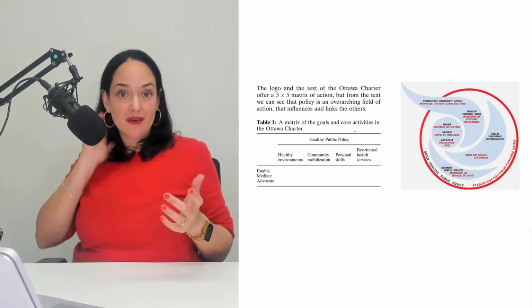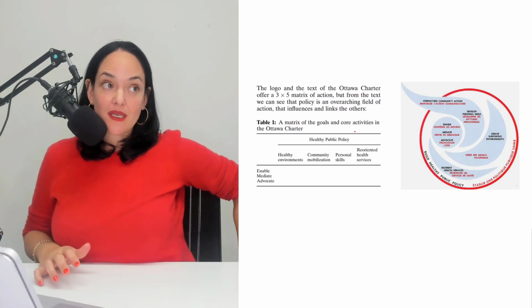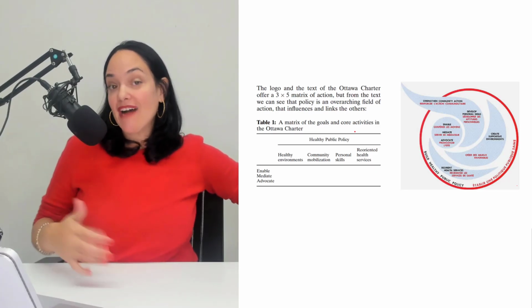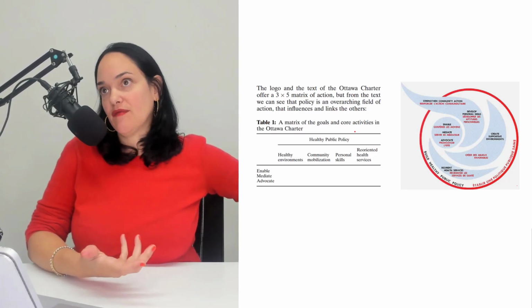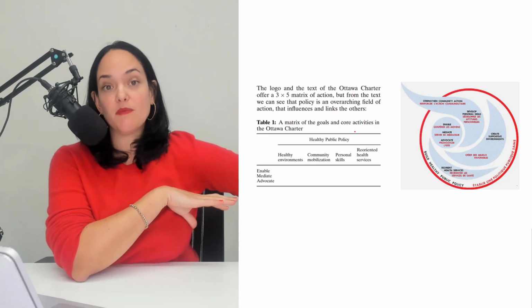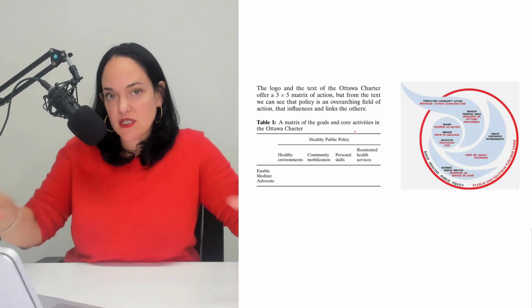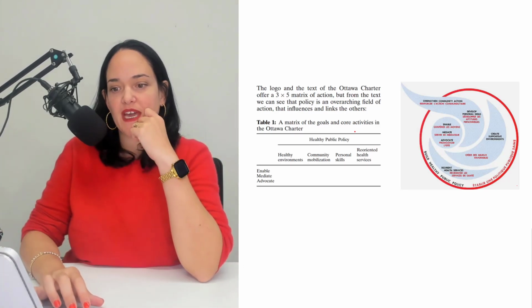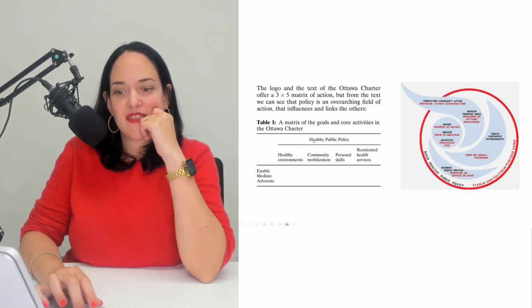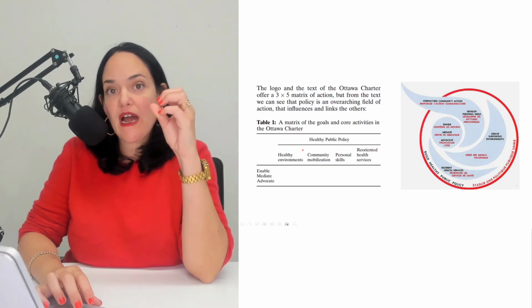Because we need political investment, we need political capital, we need people that have influence to use that influence, not just for whatever goals they potentially have, but also to improve the health of their populations and the populations at large as well. Okay, so healthy public policy helps to inform those other action areas.